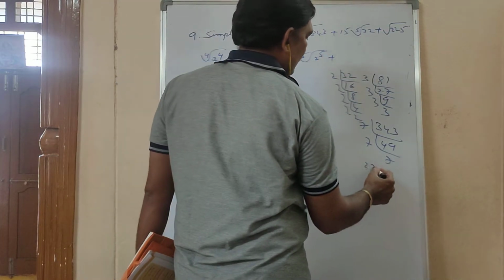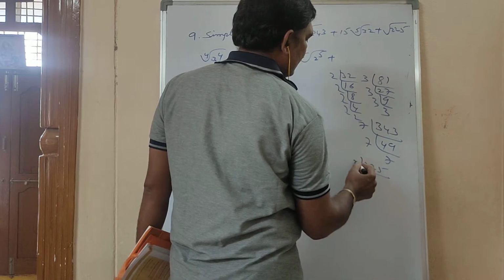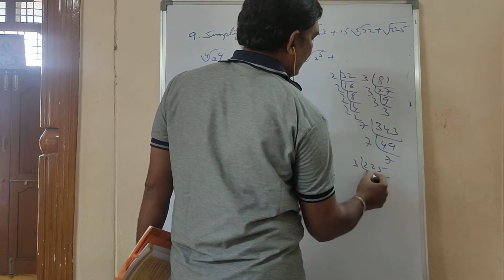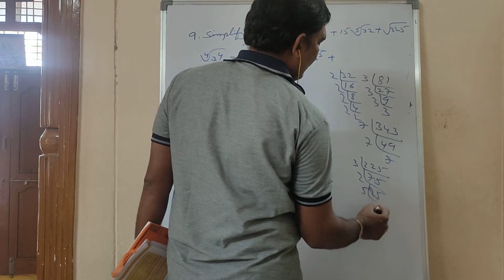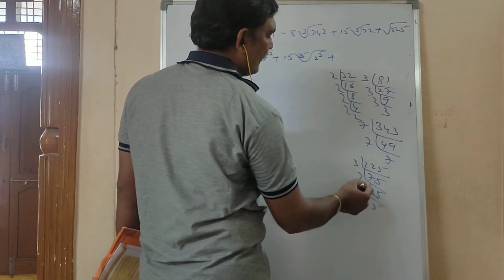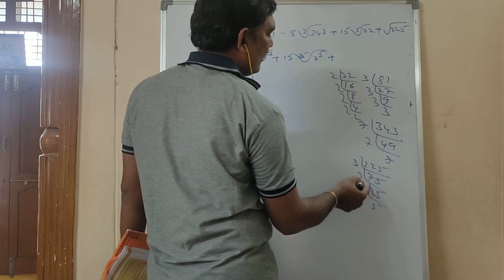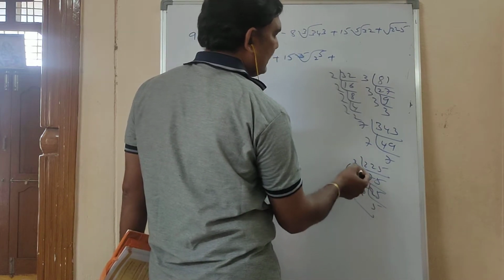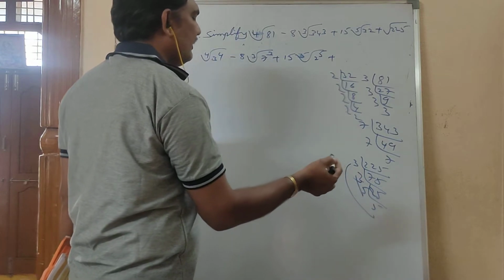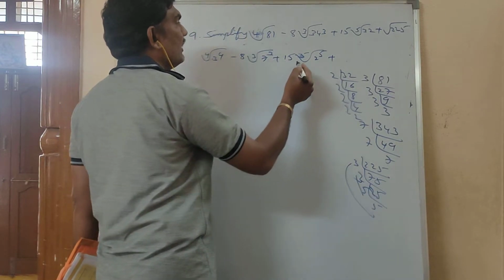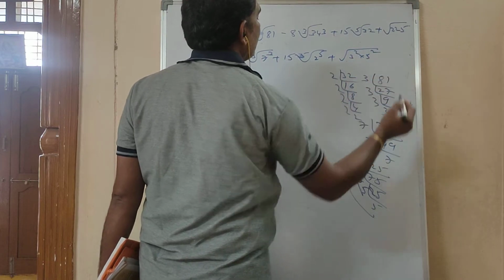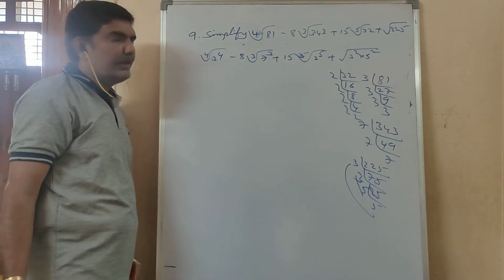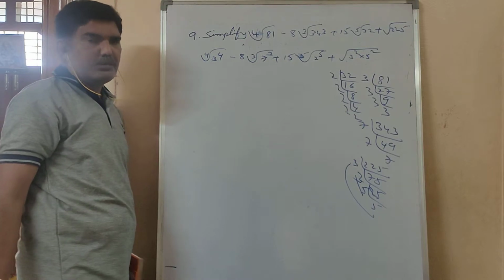Then 225: 3 7s are 21, 3 5s are 15, 3 25s are 75, 5 5s are 25. So 3 5s means 3 into 5, 3 into 5, so 3 square into 5 square. So here, square root of 3 square into 5 square. 225 in prime factorization we can write as 3 square into 5 square.